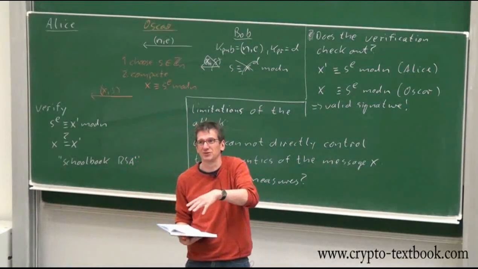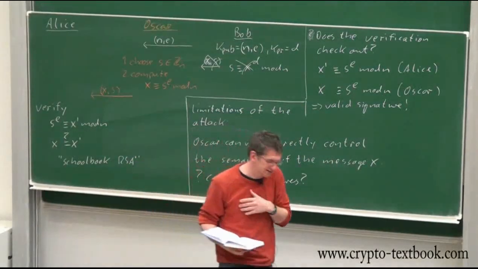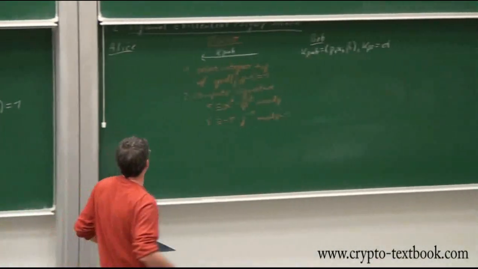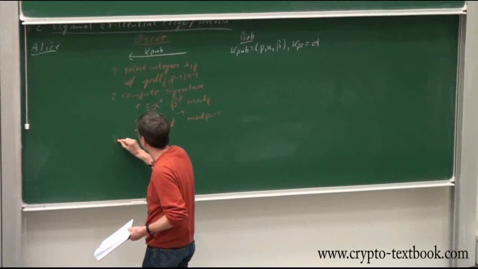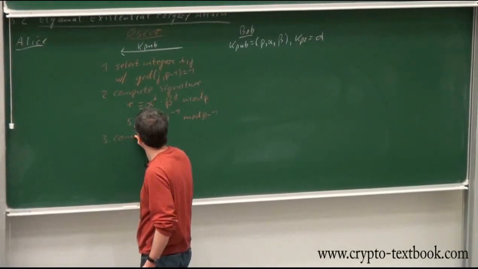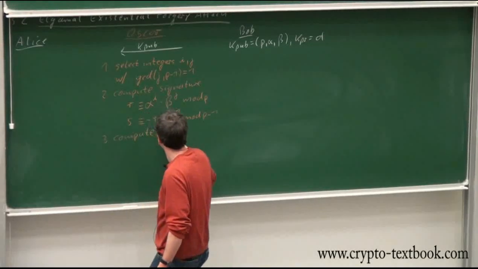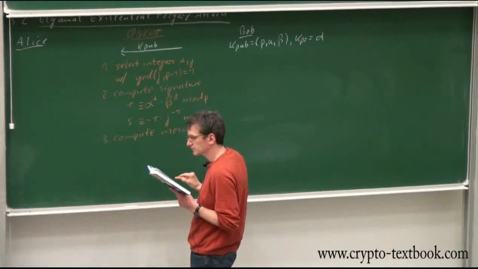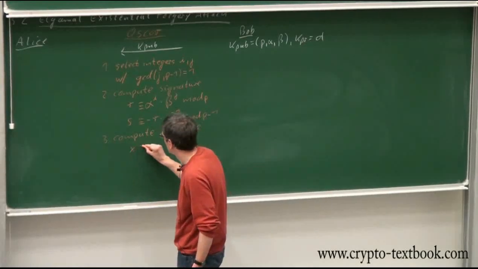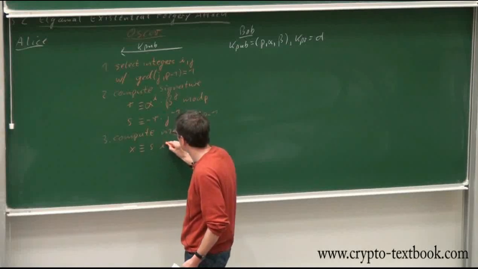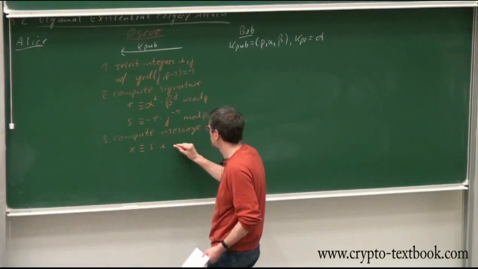Normally you have your message, you compute a signature. With this existential forgery attack, you do it the other way around. Same here. Once Oscar has the signature, in the third step, he computes the message, namely x: the message is s times the parameter i mod p minus 1.